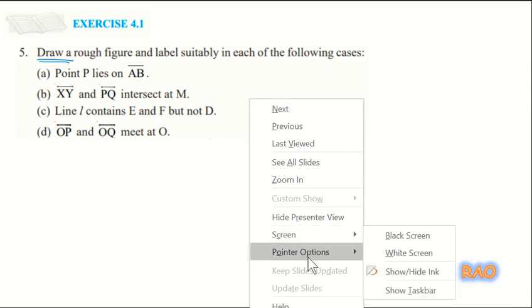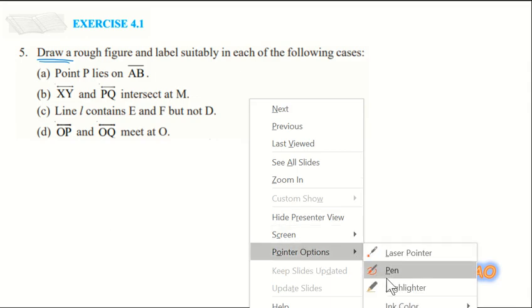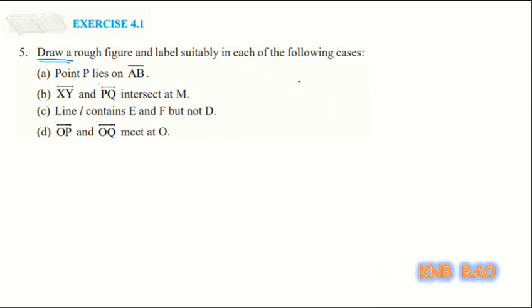Okay, now I am asked to draw a line segment first. Let me say this is the line segment AB and point P lies on it. Somewhere I can take point P here. So, this is the answer for the first question.